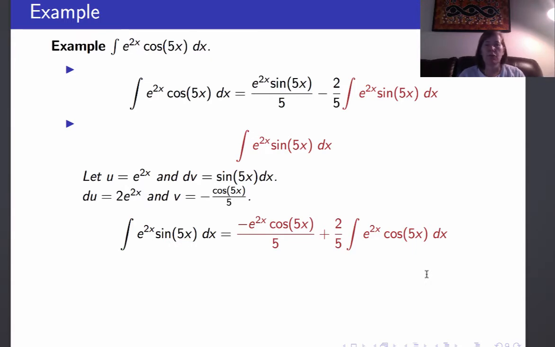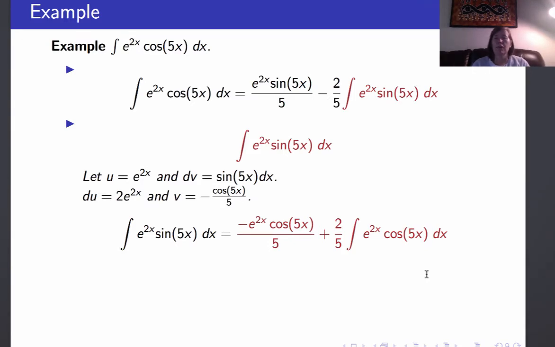Plugging this into our formula, we get the integral of e to the 2x sine 5x dx is minus e to the 2x times cosine 5x over 5, that's u times v, minus the integral of v du, which is the integral of minus cosine 5x over 5 times 2 times e to the 2x dx.